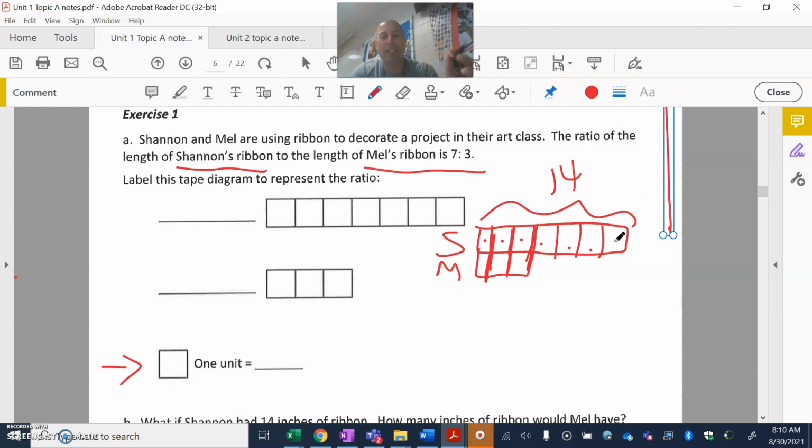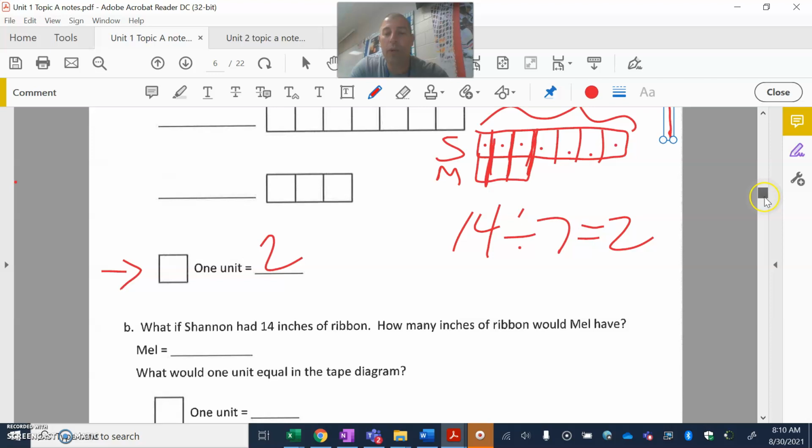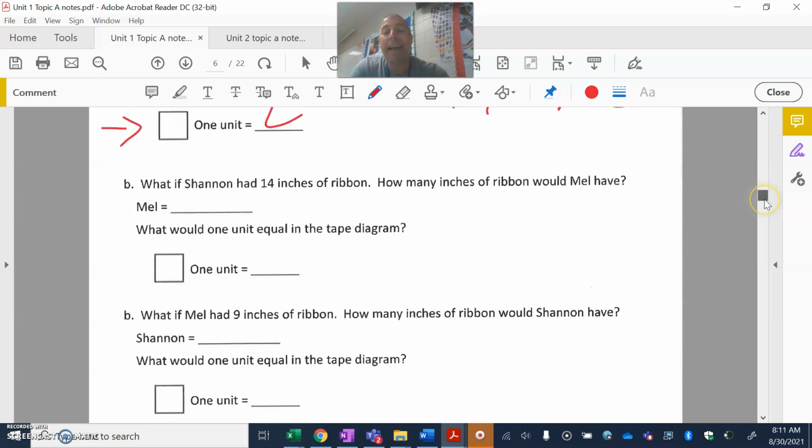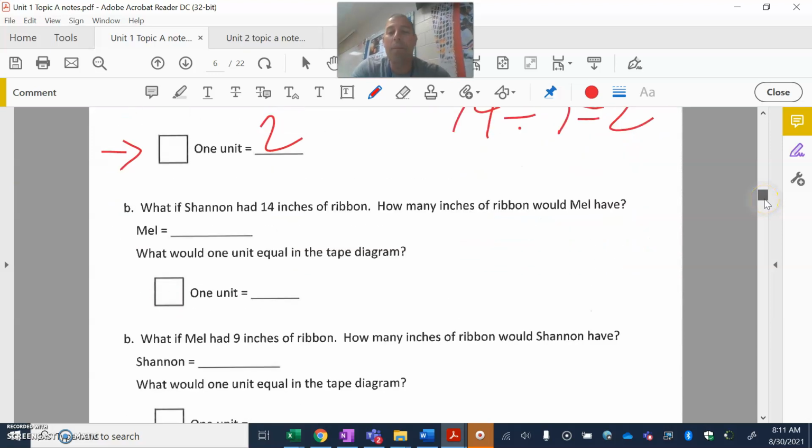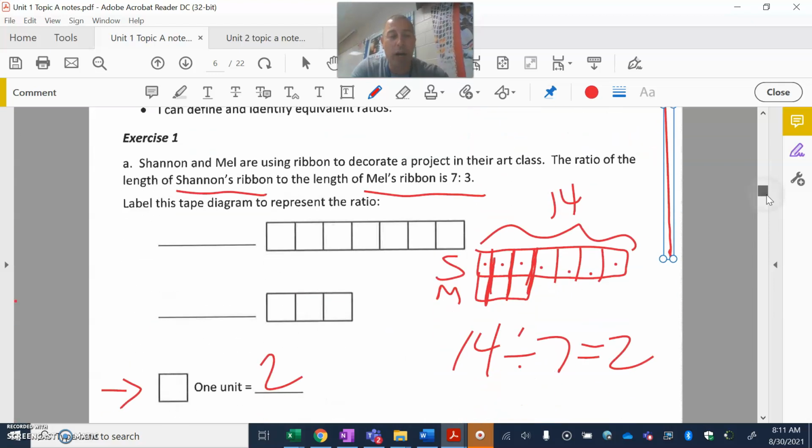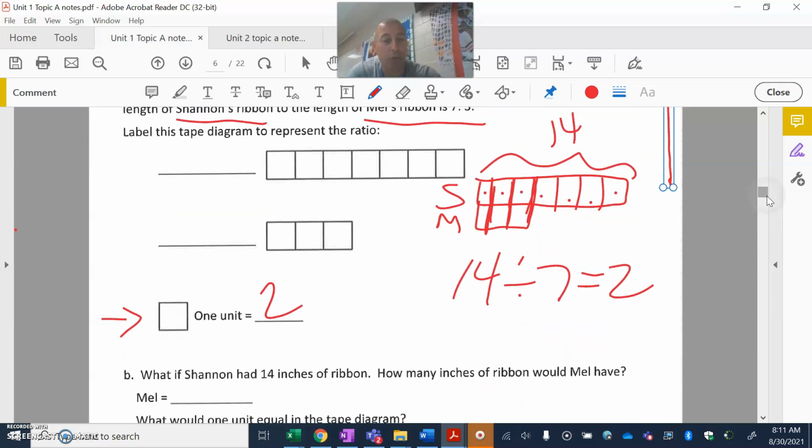So take the 14, divide it up between the 7 boxes, and when you do 14 divided by 7, you do get a 2. So I know that each box is worth 2 units. When they ask me how much is Mel going to have, well, we figured out that each box is worth 2 units.